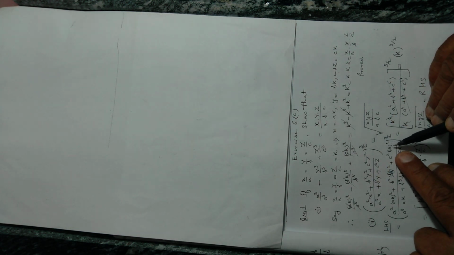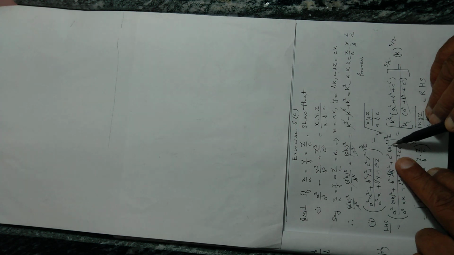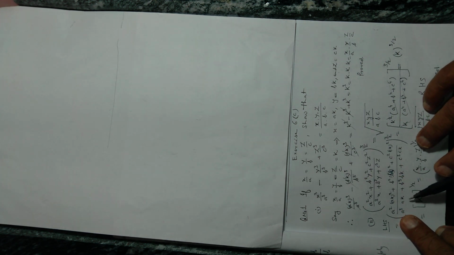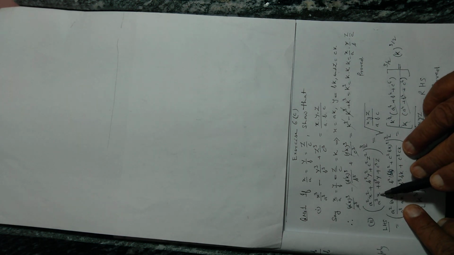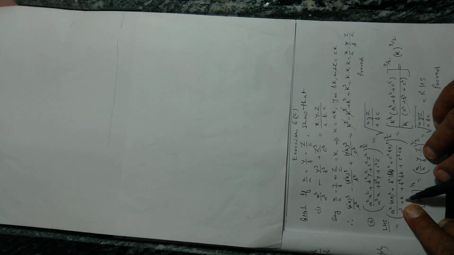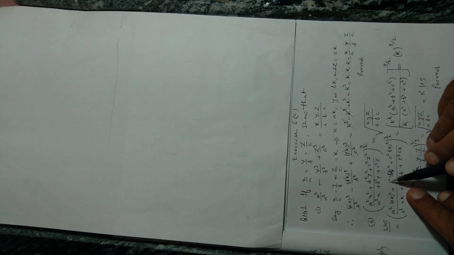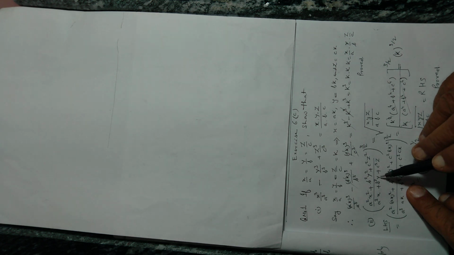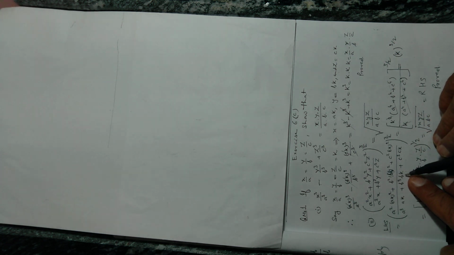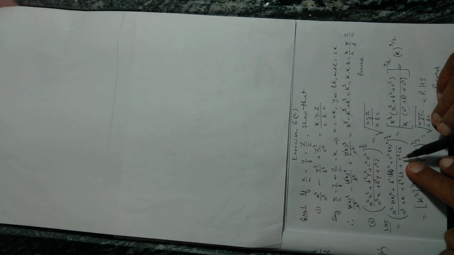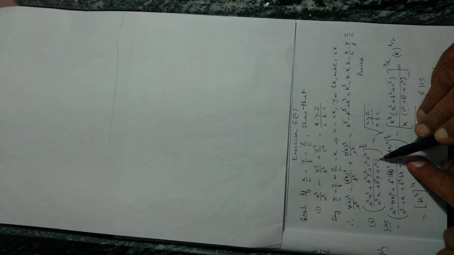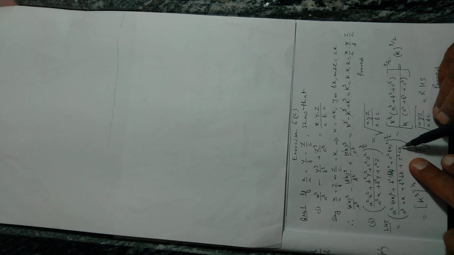For z I have written ck whole raised to power 2 whole upon a cube upon ak. You see, in place of x I have written ak. b cube as it is. In place of y I have written bk plus c cube as it is. In place of z I have written ck.